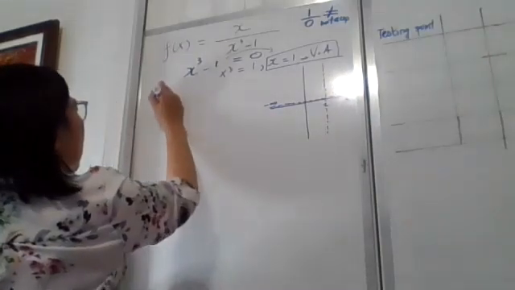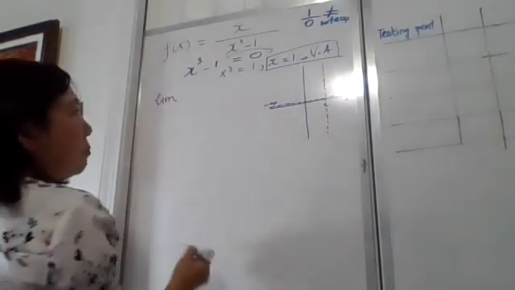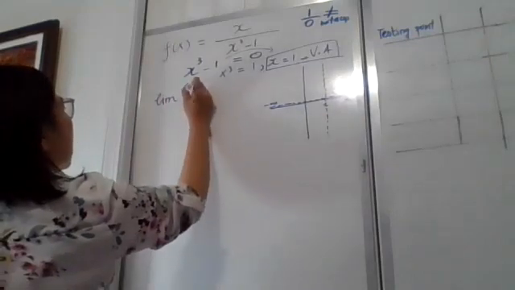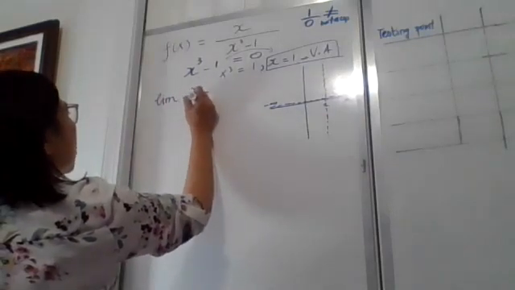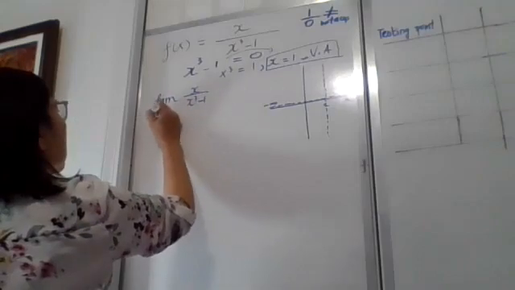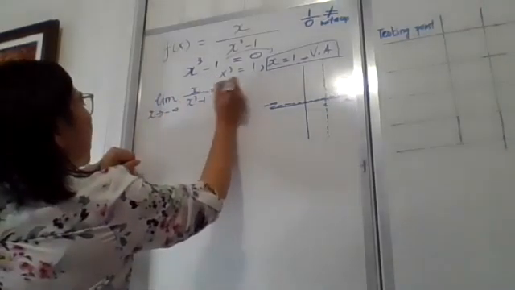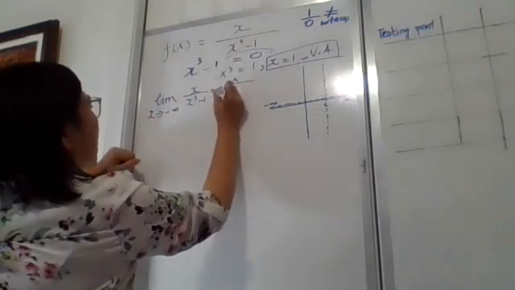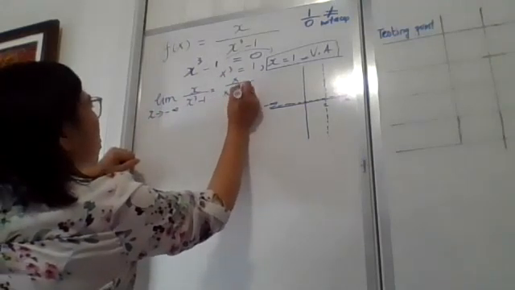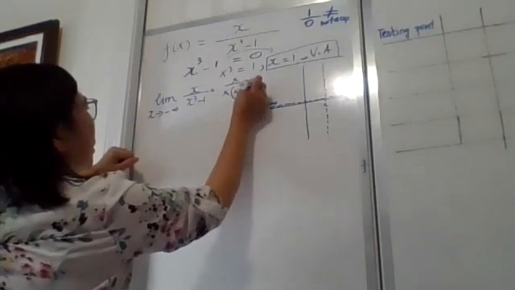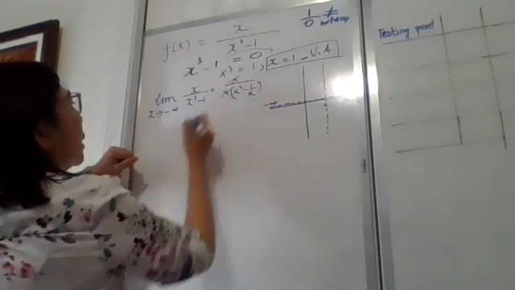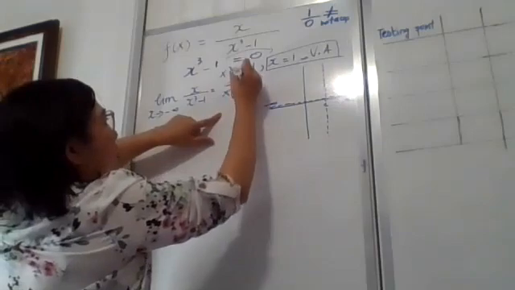So let's take a look at that. To do that, we have to take a limit: the limit of x over x cubed minus 1 when x approaches negative infinity. We can factor out the x down here, x squared minus 1 over x, and cancel the x with the x here, so this becomes 1.